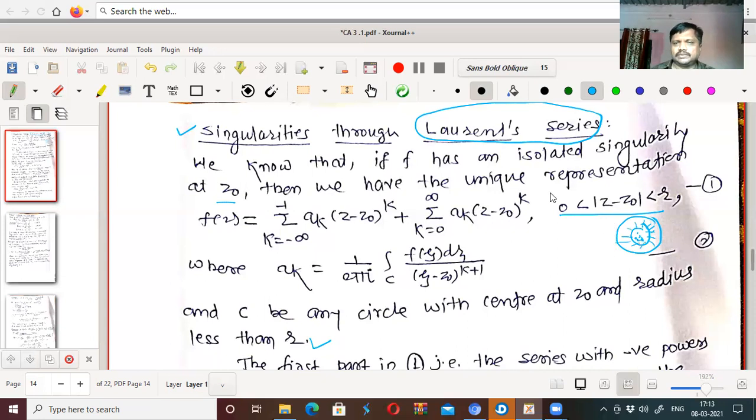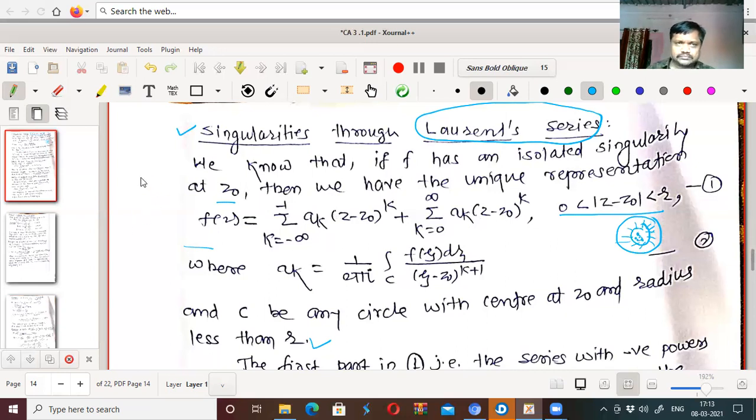We know that if f is analytic in this annulus, and z0 is a point inside, at which the function is not analytic, then we can write that function as a series representation, in positive powers of z minus z0 as well as negative powers of z minus z0.